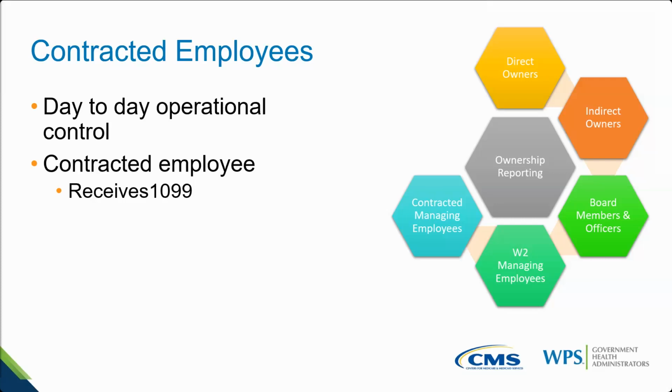Now, one of the main differences between a W-2 and a contracted employee has to do with their signature rights. So we'll talk about this a little bit more, but with a W-2 employee, they are eligible to be a delegated official. A contracted employee is not unless they have what's known as an additional qualifying role. And we're going to talk about that here in a minute.